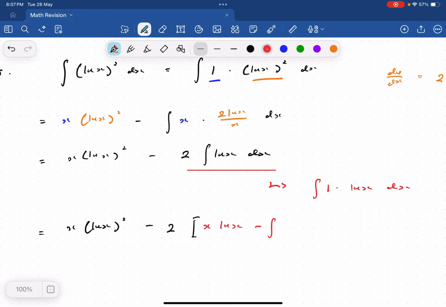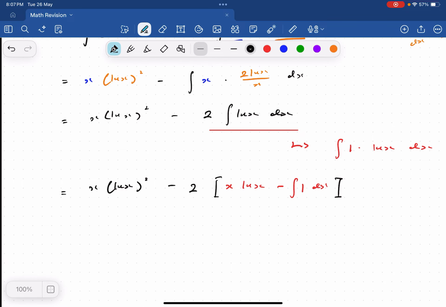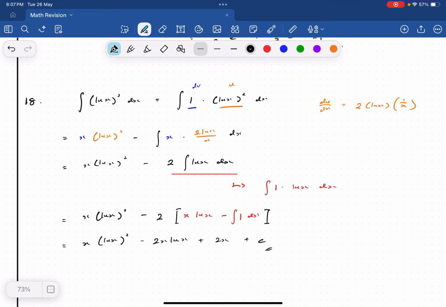So x and 1 over x cancel, this will become 1 dx. Hope that makes sense. And then this will simplify to 2x ln x plus 2x plus c. And we're done. So this is a rare question where it's 4 marks.